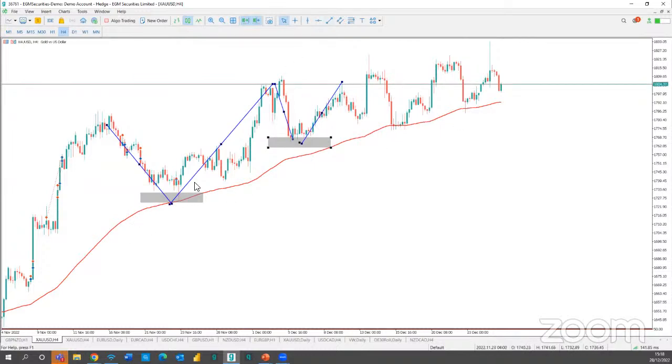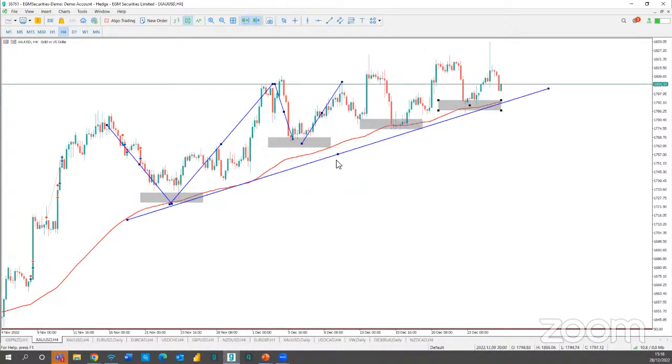If I join these low points, where I'm marking with the boxes, then you see what we have is a general upward movement of the prices. So let me use a line and join those points. You realize you have an uptrend. So that is a trend.